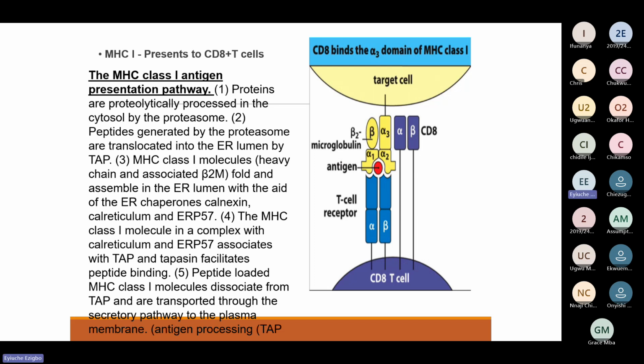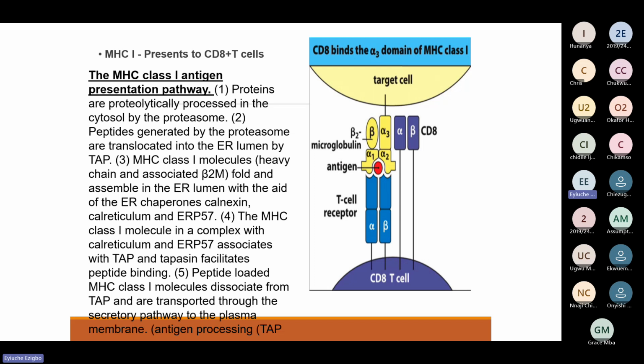Third, the MHC class 1 molecules fold and assemble in the ER lumen with the aid of the ER chaperones calnexin, calreticulin and ERp57. These are the molecules involved in the movement and processing of the antigens.